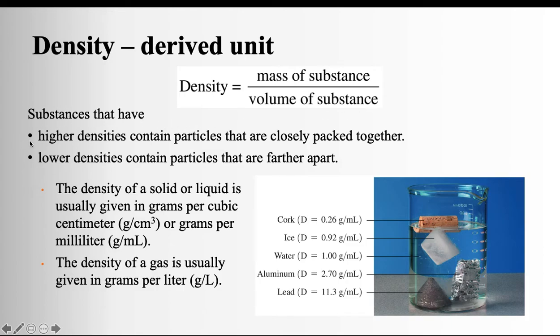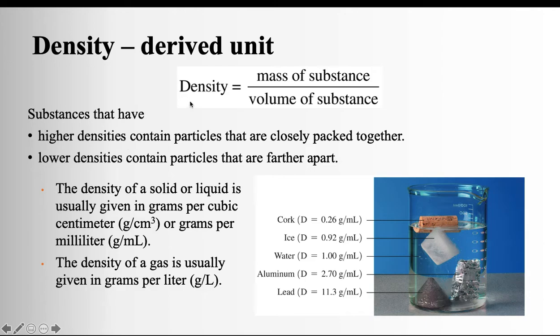If a substance has a higher density, its particles are much more closely packed together than those that have lower densities. For the same unit of volume, let's say 1 milliliter, the substance whose particles are more closely packed together will have a larger mass and therefore a larger density.